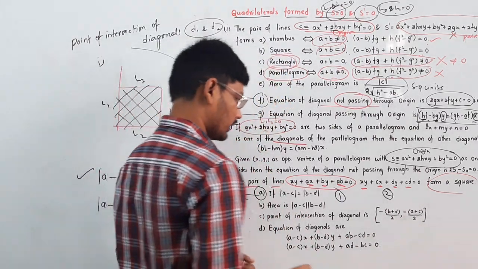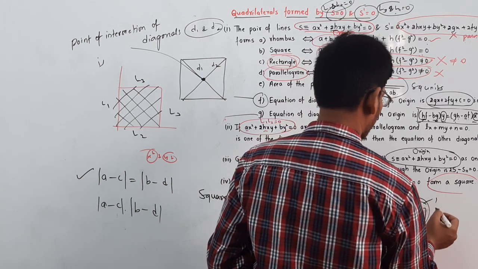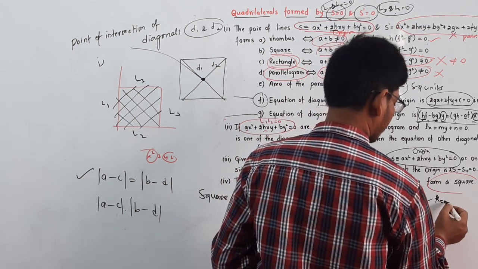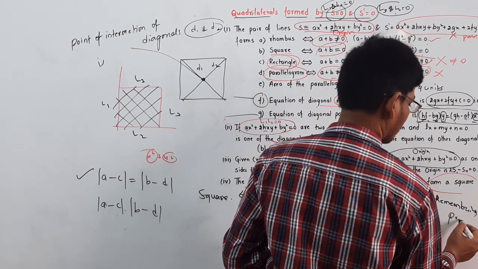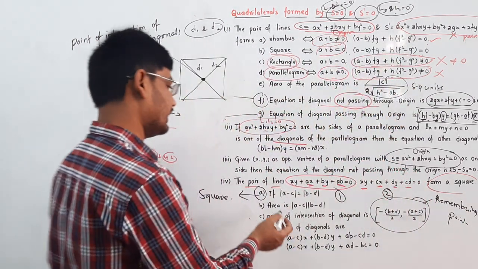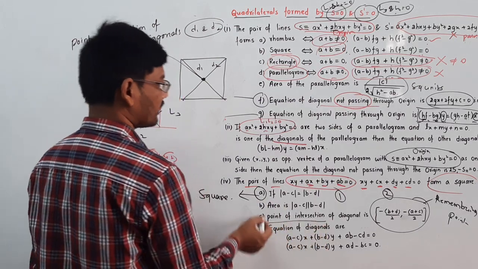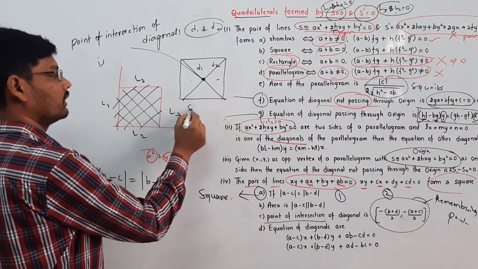You have to remember this point, the point of intersection of diagonals d1 and d2 of a square here.